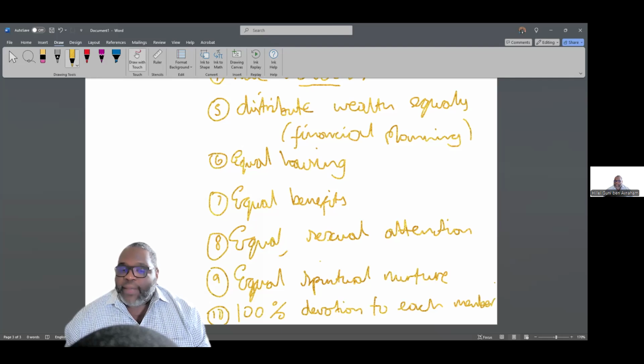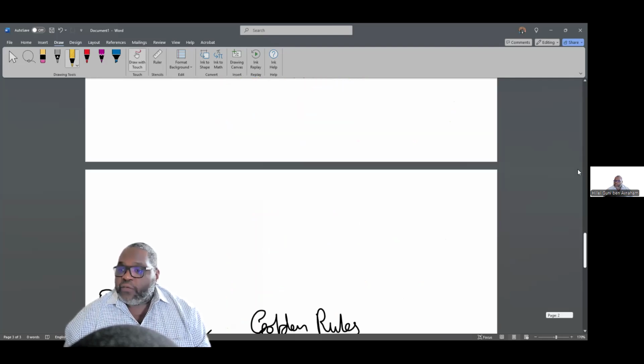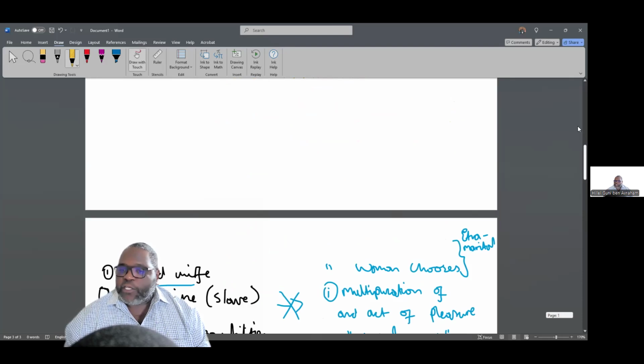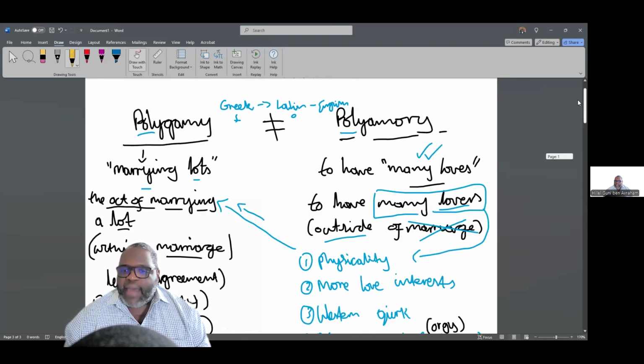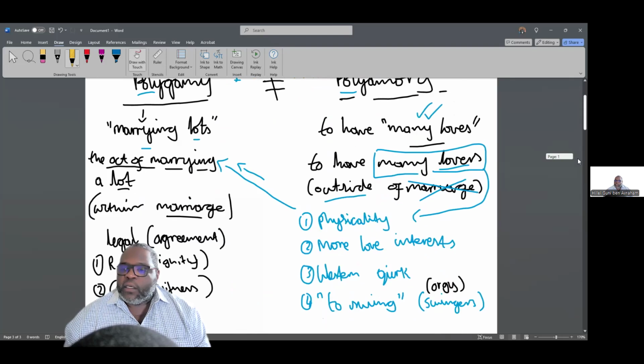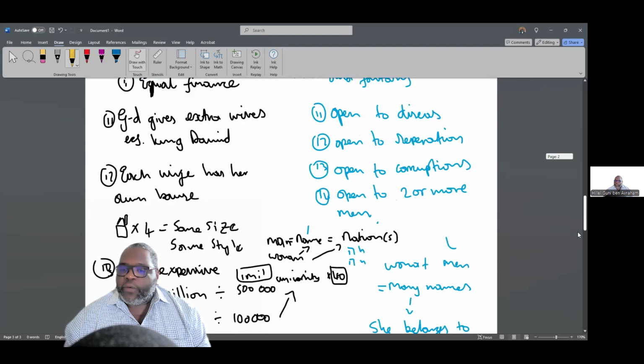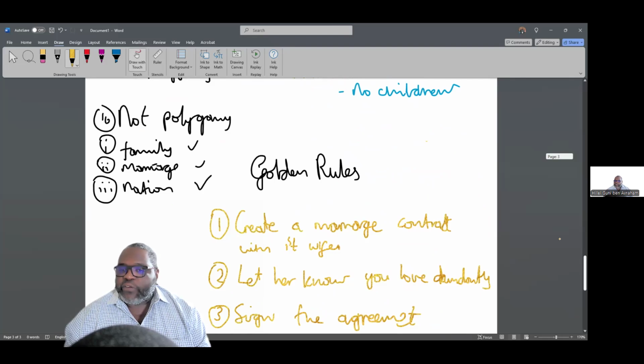So you become a rabbi. When you become a polygamist, you become a rabbi, the rabbi of your family. You become the chazan of your family. You become the teacher, the educator of your family. It's a massive responsibility.